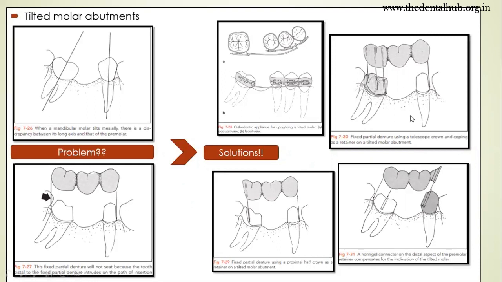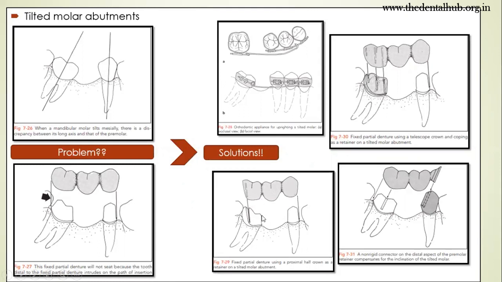Next option is we can go for something known as telescopic crown and coping. So it requires a full crown preparation with heavy reduction, which is made to follow the long axis of the tilted molar. So an inner coping is made to fit the tooth preparation, and a proximal half crown serves as a retainer. Then another thing we can do is we can just proximally prepare it to achieve this parallelism.